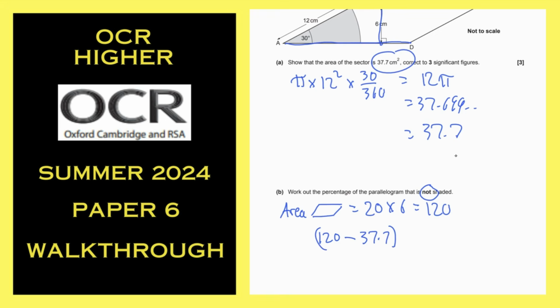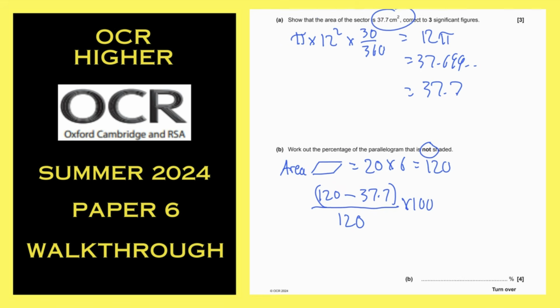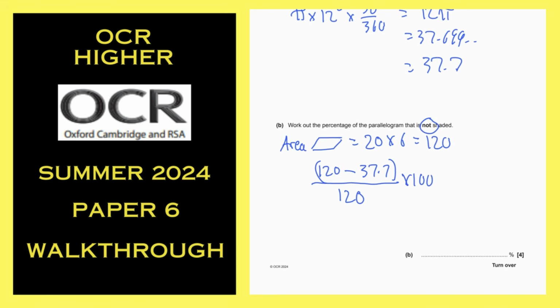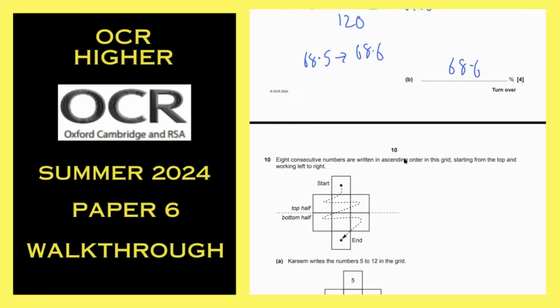That's how much is shaded. You divide it by the total amount of area, times it by 100. Calc gives me 68.58. I'll call it 68.6. Mark scheme allows anything between 68.5 and 68.6.